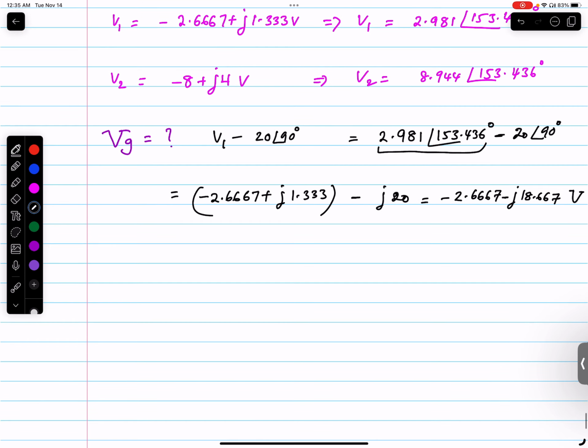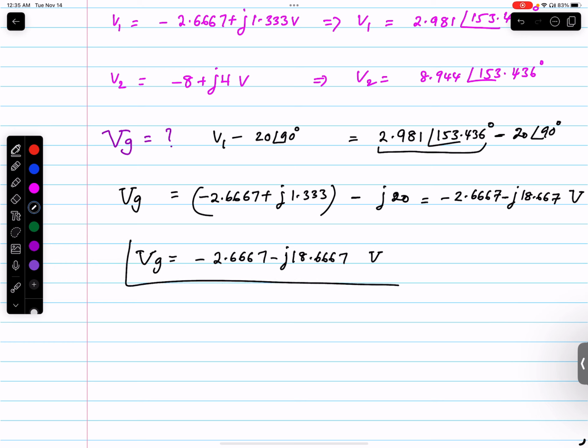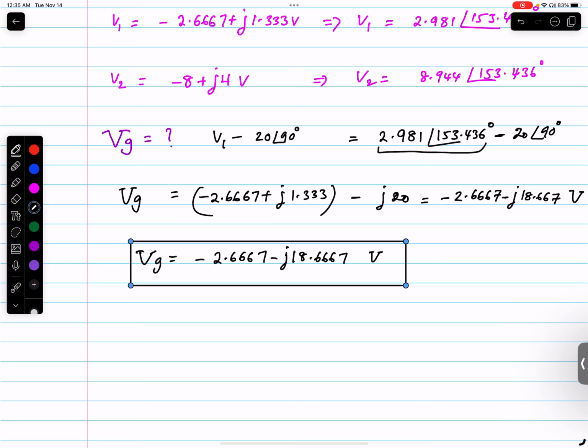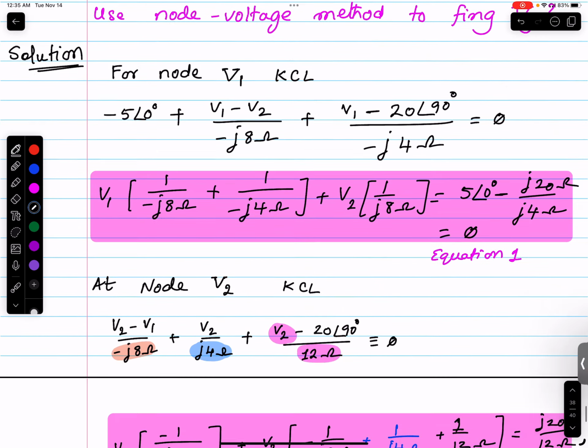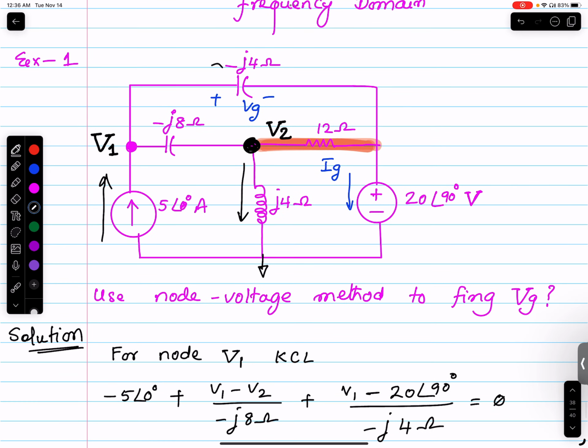So Vg, therefore, as we're asked to find, comes out to be negative 2.6667 minus J18.6667 volts. That is the rectangular form of the voltage Vg which you have been asked to find.